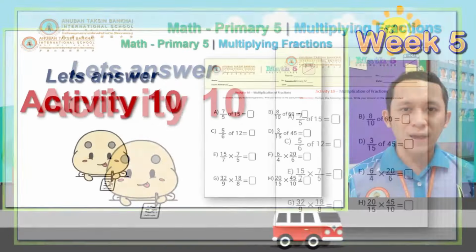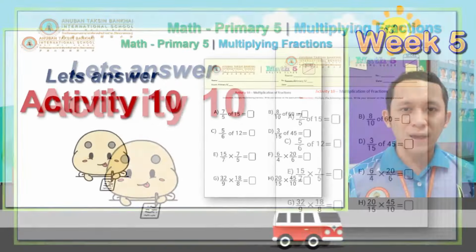Now let's answer letter A of your activity number 10 so that again you will have a guide on how to answer. That's actually very easy. So we have here letter A. We have 7 over 5 of 15.